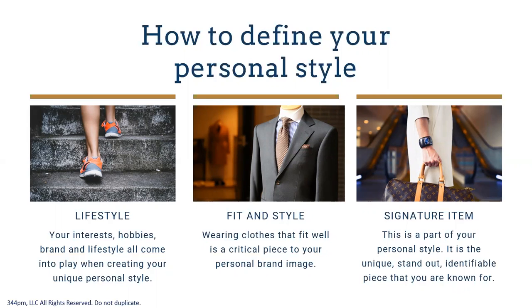One of my clients transitioned from working in finance on Wall Street in New York City to opening her own gourmet popcorn business. She initially wore some of her existing workwear, like button-down shirts and trousers, since she was also meeting with investors. But she quickly learned that her old wardrobe no longer worked for her new lifestyle.